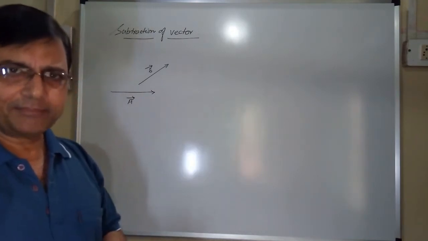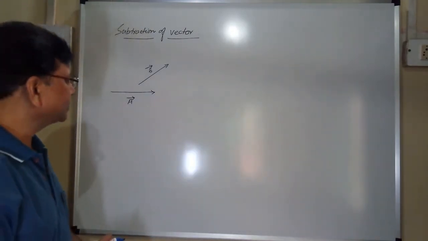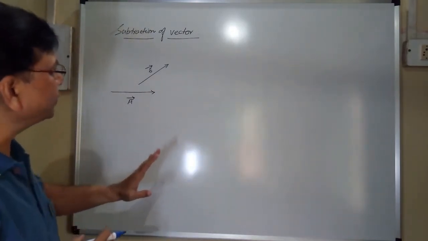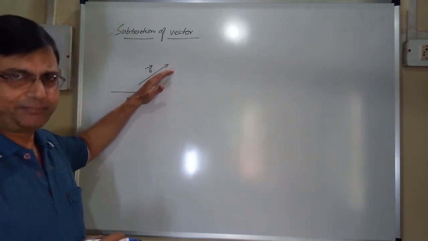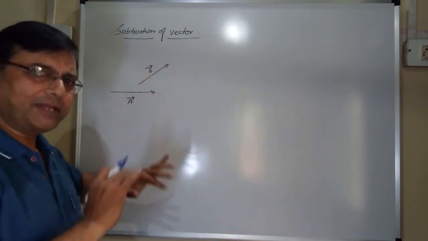Addition of vectors we have studied. So for subtraction, what do we do? We just find the negative of this vector B and then we add.